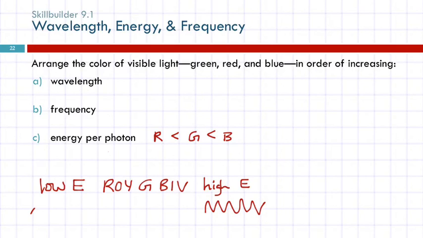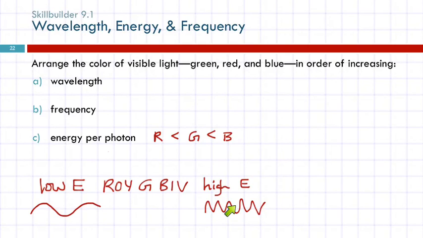And the low energy is the one that looks slow. So which one has higher frequency, that one or this one? This one over here, right? If this is passing you at the same rate of speed as this one, this is going to hit you more times. So the energy goes RGB.